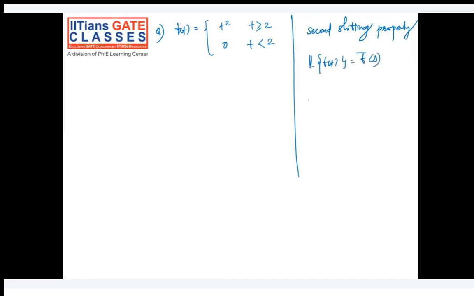So if we have a g of t function which looks like f of t minus a for all the values t greater than or equal to a, and 0 for t less than a, then Laplace transform of g of t is given by e to the power minus as f bar of s. So same logic. Compare.